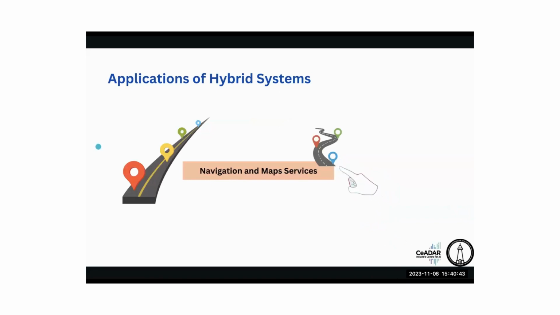So finally, let's talk about navigation and map services. The hybrid system provides real-time recommendations for routes, transportation, and points of interest based on the user's specific location and traffic conditions. Based on the traffic conditions and the geographic location, each user will be given the optimized and most effective route from one point to another.